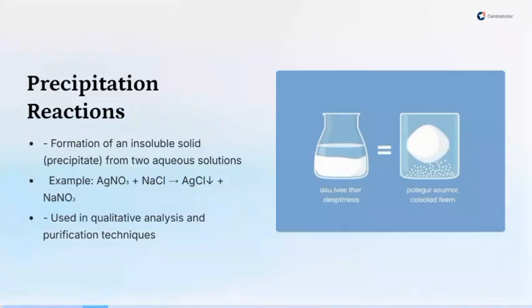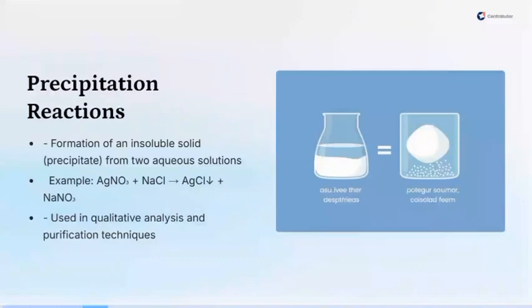What this downward arrow indicates is that AgCl was the precipitate you would see in that reaction. If you see a white substance appearing, that white substance is not sodium nitrate, it is AgCl. That's what this arrow pointing downward is telling you.